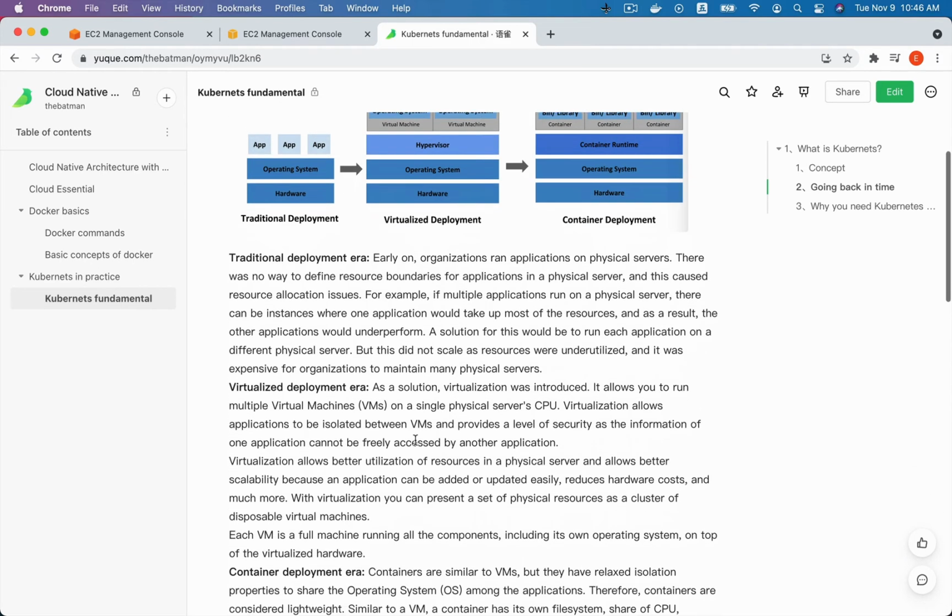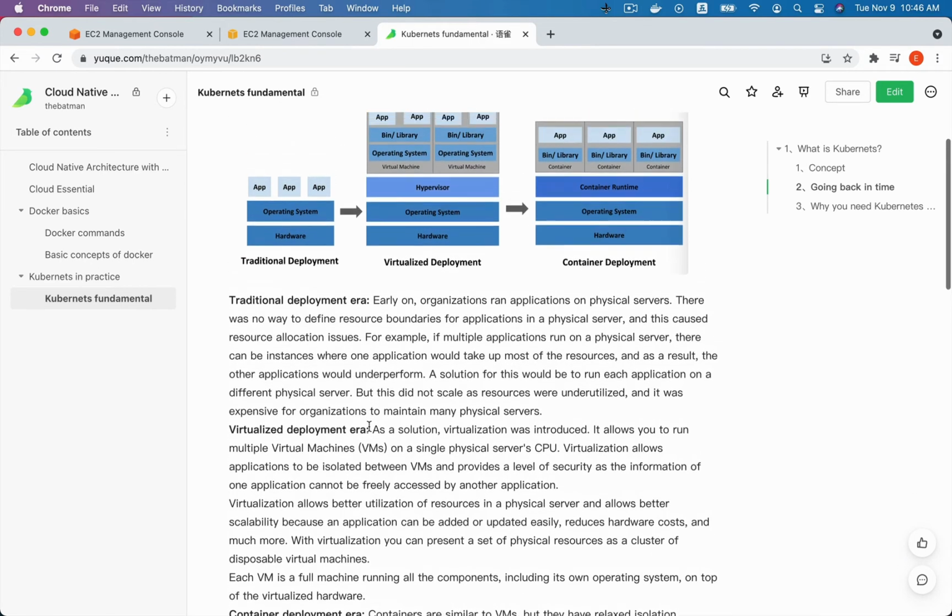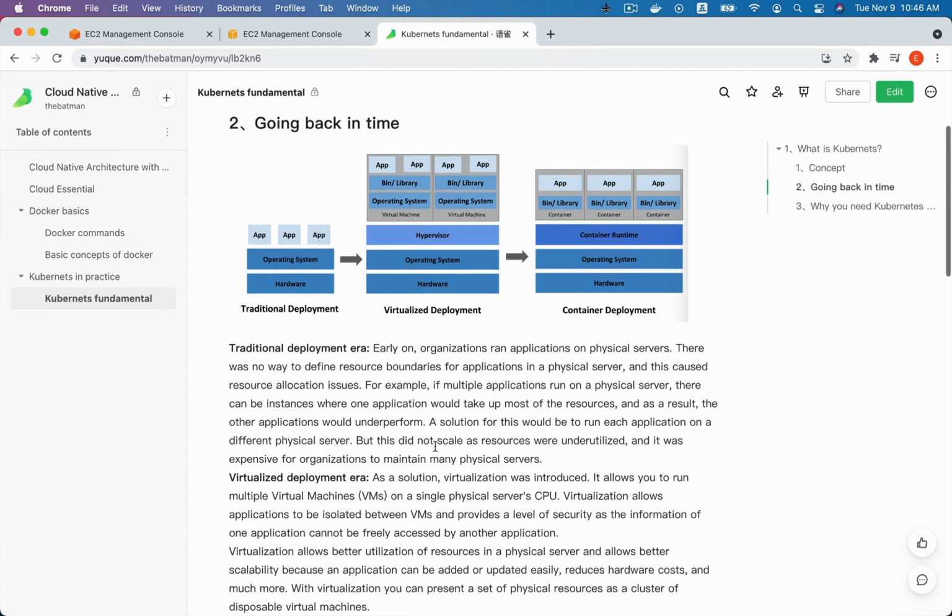Virtualization allows better utilization of resources in a physical server and allows better scalability, because an application can be added or updated easily, reduces hardware costs, and much more.